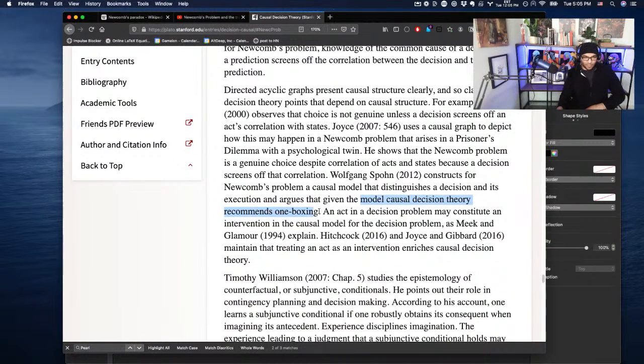All right, so maybe we need to look at this. So Joyce 2007 and Spohn 2012.